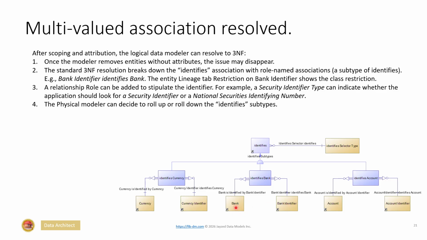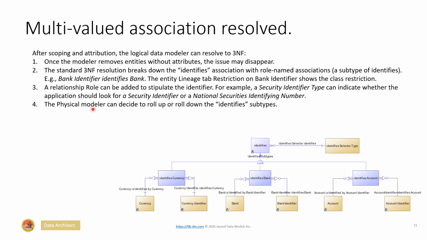And we can actually look up the class restriction on the entity lineage tab. No? So there's a restriction bank identifier identifies bank. And we can create the subtype if we want to control the values and prevent data integrity issues.